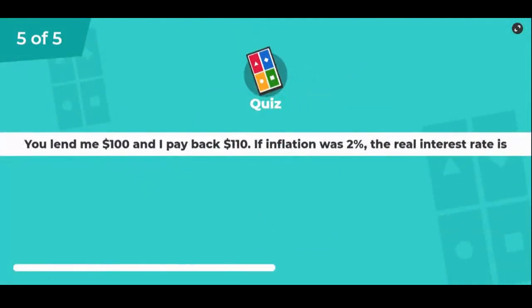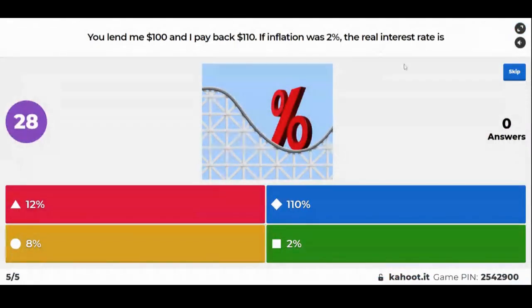And the last question of all. You lend me 100, I pay back 110. If inflation was 2%, what was the real interest rate? Use your definition from the last question.